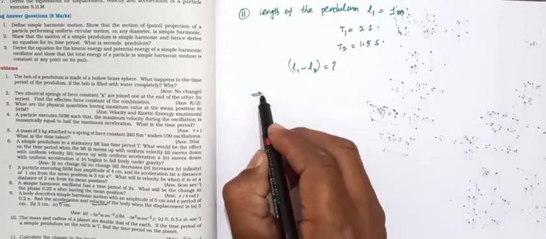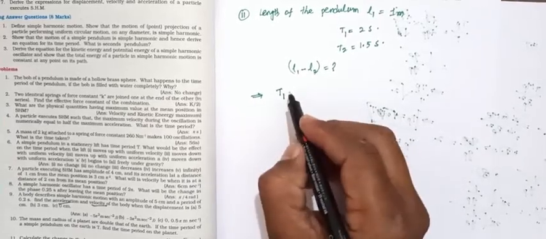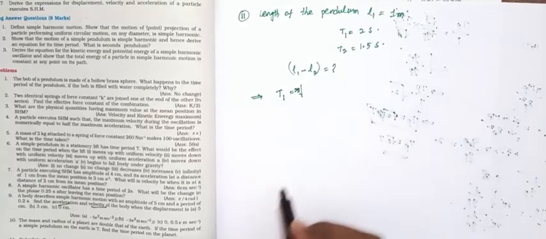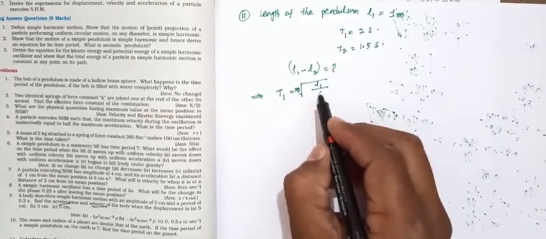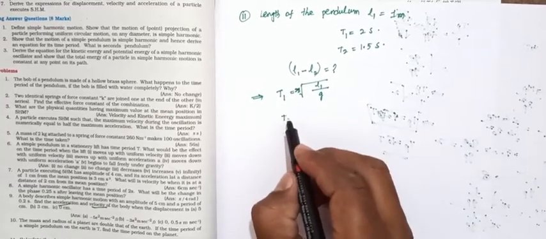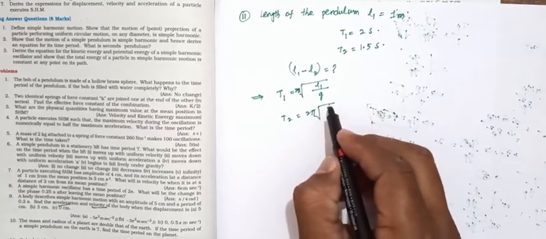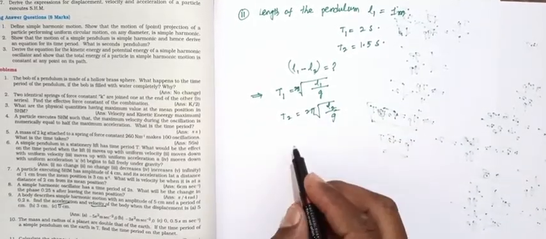So from here the equation for the time period T1 equals 2 pi square root of L1 by g, and T2 equals 2 pi square root of L2 by g. Acceleration due to gravity cannot change here.